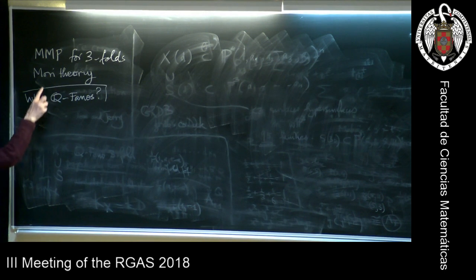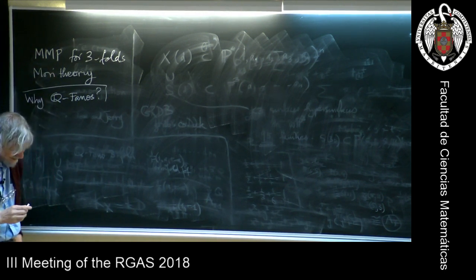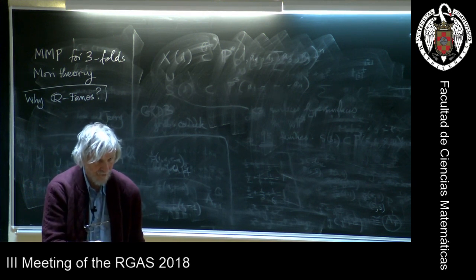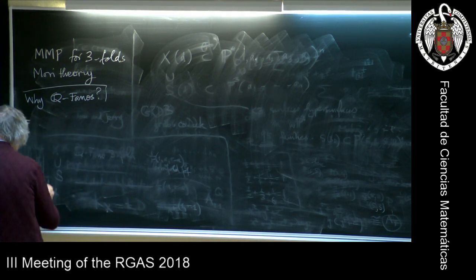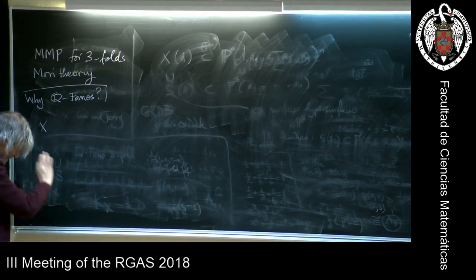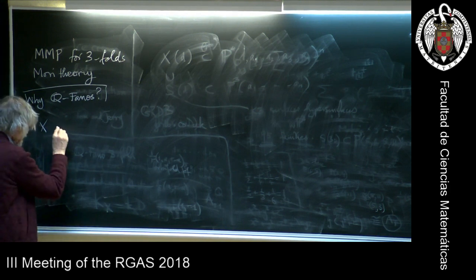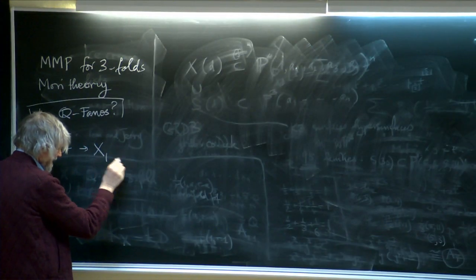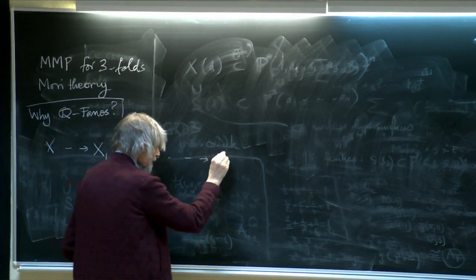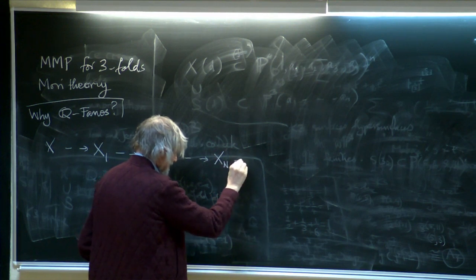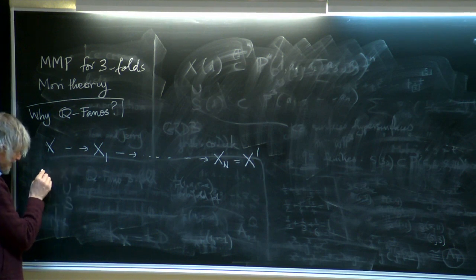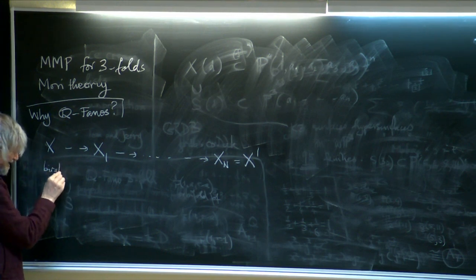So let me just say what the minimal model program for threefolds is, because it generalizes the minimal model program for surfaces that most of you know perfectly well. So given any X, for example non-singular projective, I can do a program like this, which ends up with some X_n, so this is X prime, and these are birational transformations.